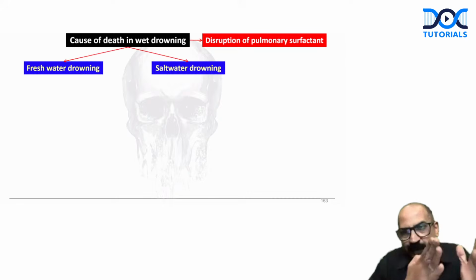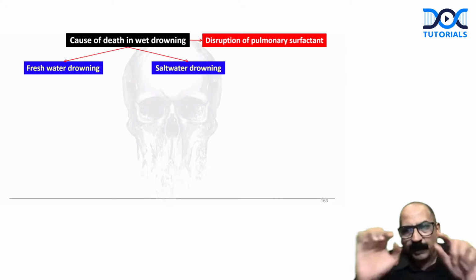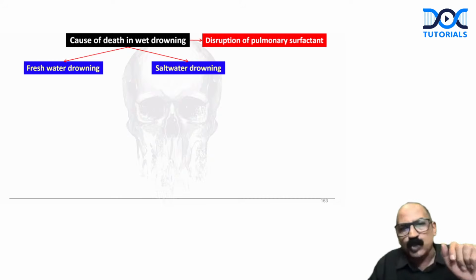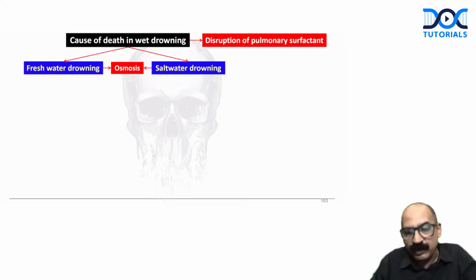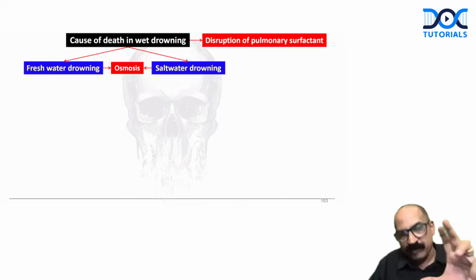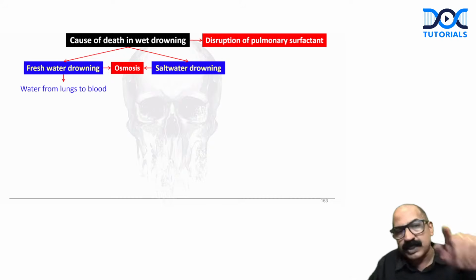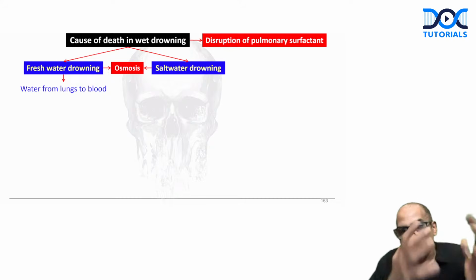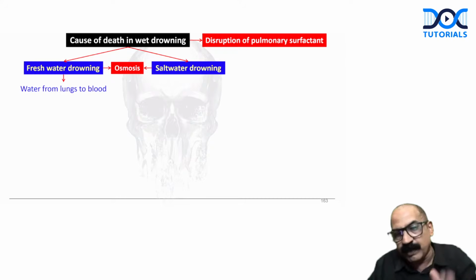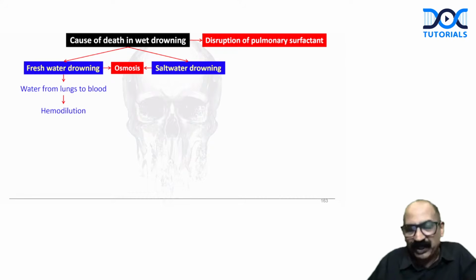Now, whether it is freshwater drowning or saltwater drowning, the mechanism that takes place is osmosis. That means fluid passes from lesser concentration to higher concentration. In case of freshwater drowning, water enters into the lungs. Then, because of osmosis, from the lungs water enters into the bloodstream, which gives rise to hemodilution. Once there is hemodilution, there will be dilutional hyponatremia.